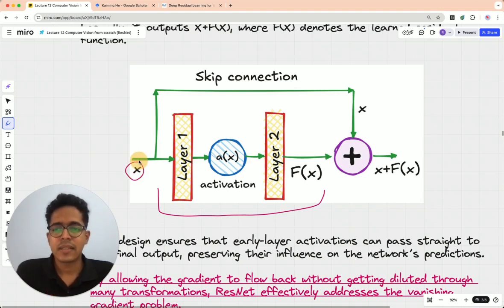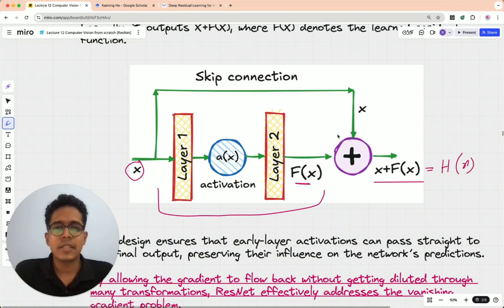You have X as the input, and instead of this module learning H of X directly, it will learn F of X, where if you add X and F of X, you will get X plus F of X, which is equal to H of X. Now this H of X is the value that you are supposed to predict, but the actual prediction is happening here. This skip connection is just simply an addition of the input to the actual prediction that is happening.